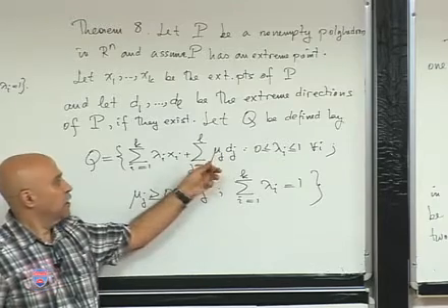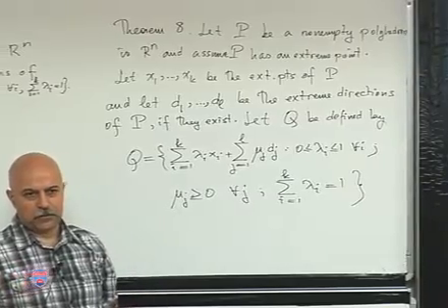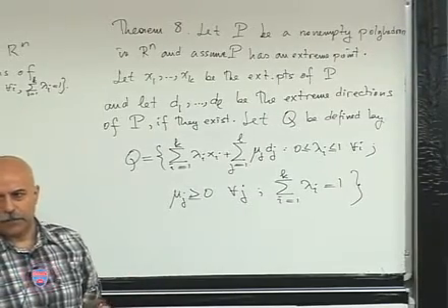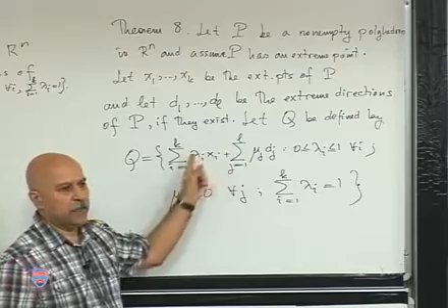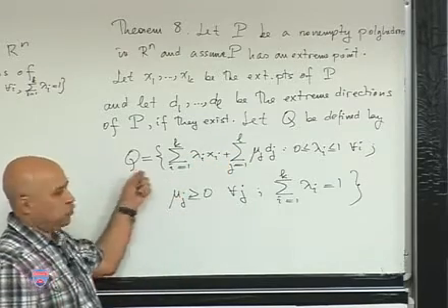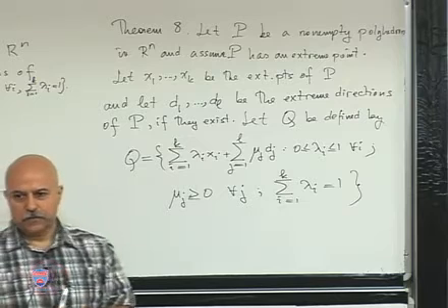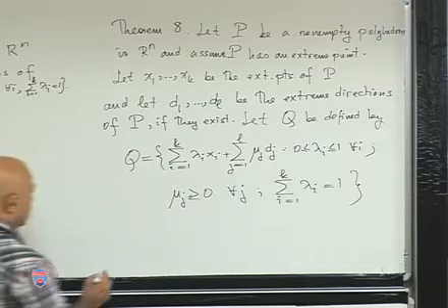Okay? Of course, mu j's can be 0. You can pick all of those to be 0, or you can pick some of them to be positive, whatever. But nevertheless, you generate many such points of this form. And Q is the set of all such points that can be generated in this particular fashion.